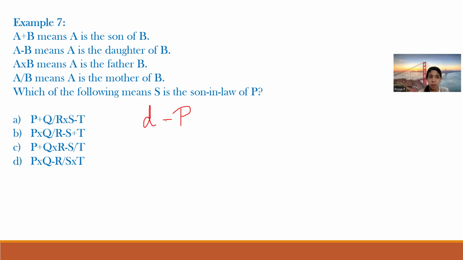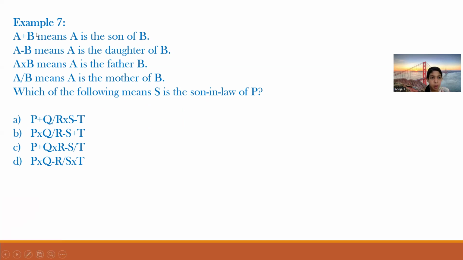D minus P. A minus B, A is the daughter of B. D minus P, D is the daughter of P. So they have a daughter, and the daughter should have a husband. That is not given. In this case, we cannot go this way. What are we supposed to do? Take the options and start deciphering them.